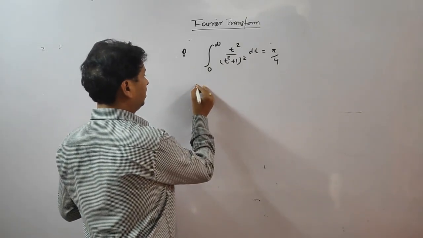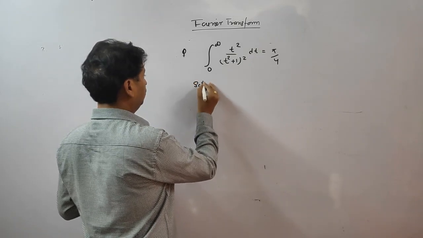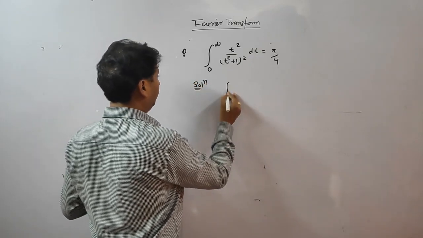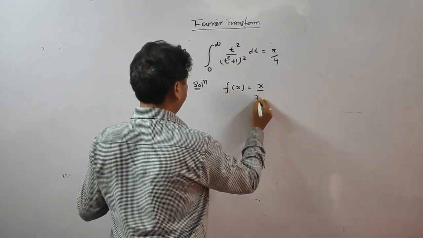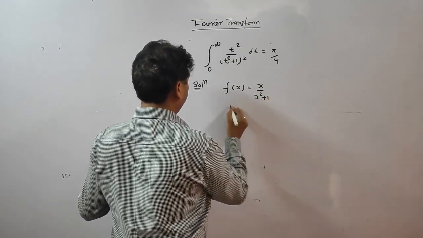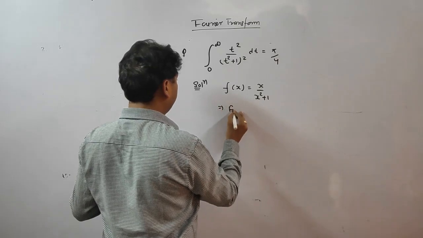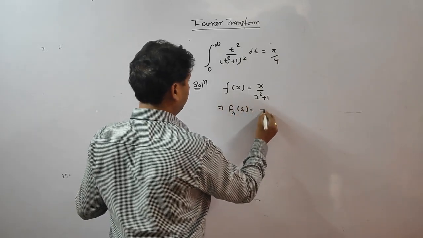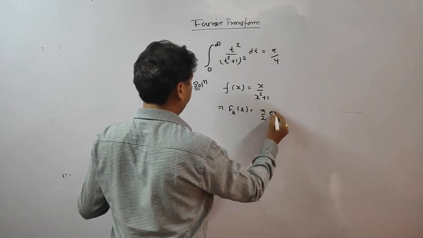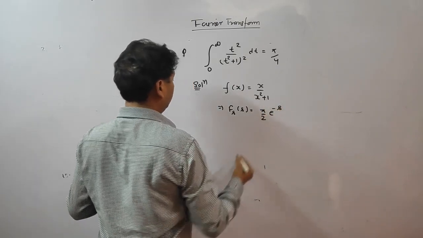Suppose this integral they ask, then how can you do it? Here again, my friends, you have to know, if we take f(x) equal to x upon x square plus 1, then its Fourier sine transform is pi by 2 e to the power minus s.